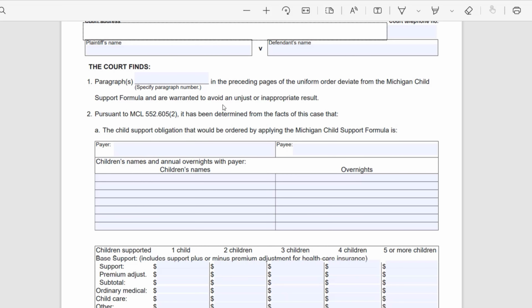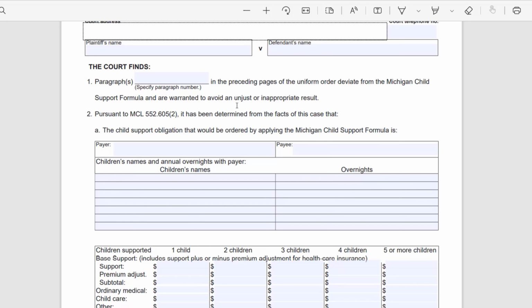Here we're going to be specifying which paragraph number deviates from the child support formula. Remember, I showed you the Uniform Child Support Order. Each paragraph has a number associated with it, so you're going to be able to go back to that child support order and figure out which paragraph you've actually deviated from.